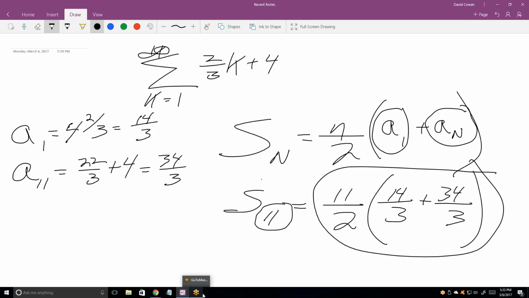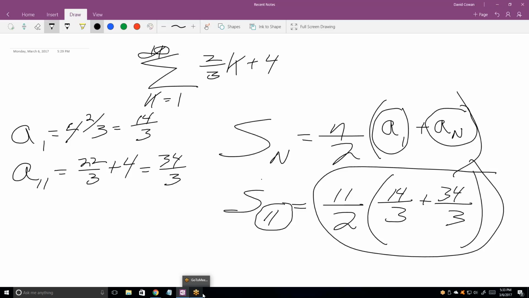And so you can find all of those just by plugging in the term for k? Yes. Exactly. The first term is when k is equal to 1. The 11th term is when k is equal to 11.